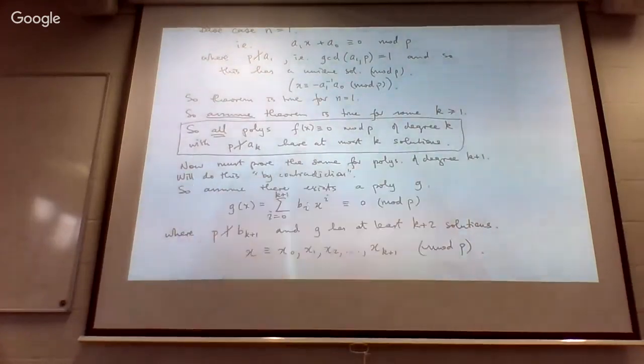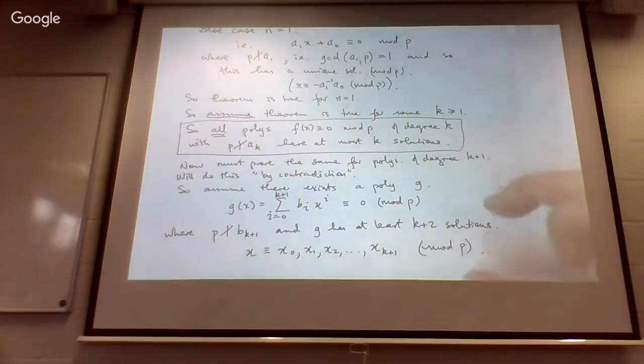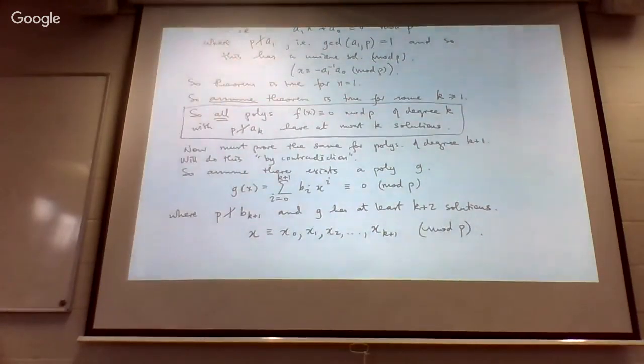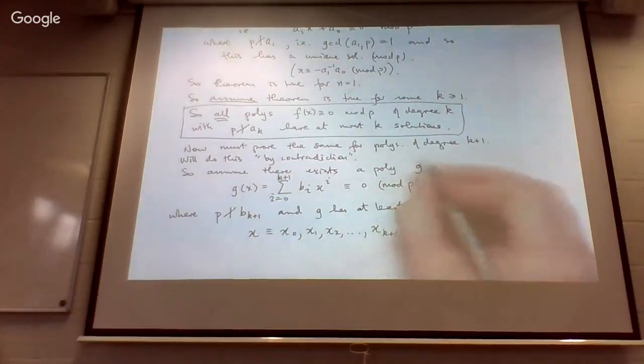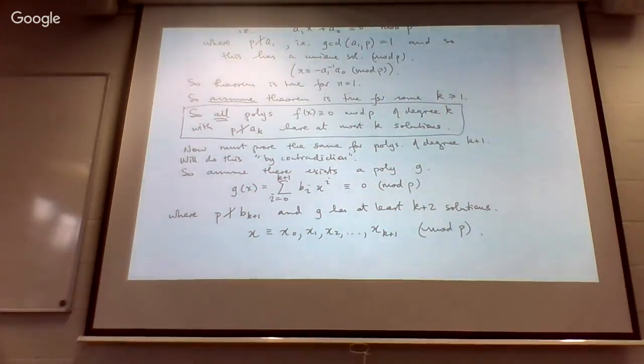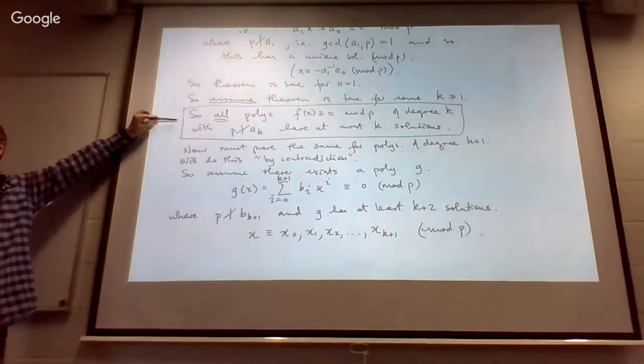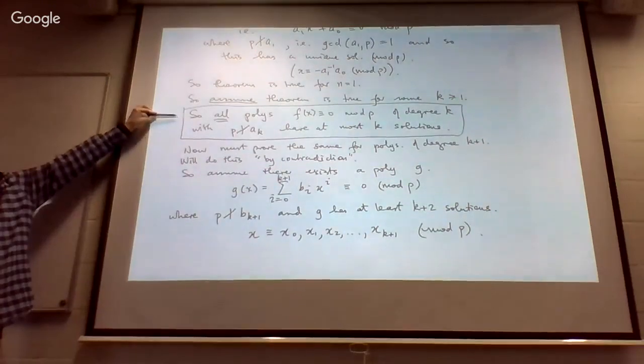So from the existence of this polynomial, little g, I want to derive a contradiction. This is the bad g. It shouldn't exist, and we're going to prove it can't exist by showing that it leads to a contradiction. The thing it's going to contradict is this statement in the blue box that we just assumed.